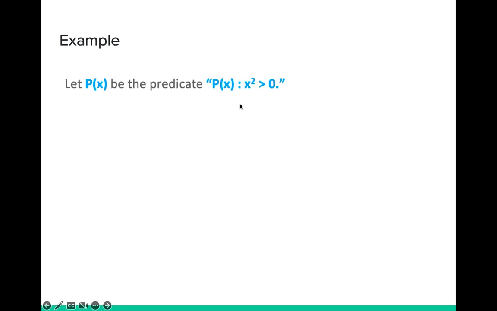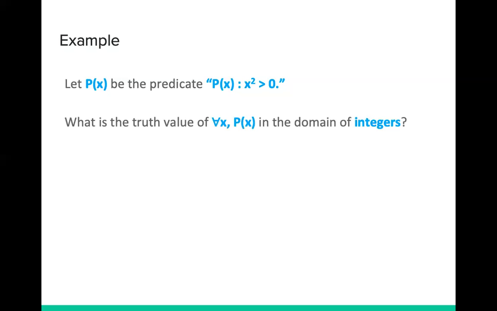Now let's move on to another example. Let P of x be the statement such that x squared is greater than 0. What will be the truth value of the quantification for all x, P of x, in the domain of integers? That means we include negative numbers, positive numbers, as well as 0. This statement is actually false.